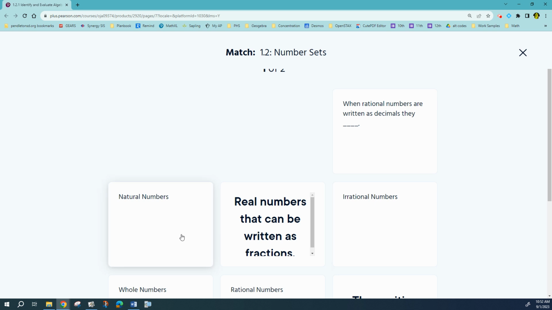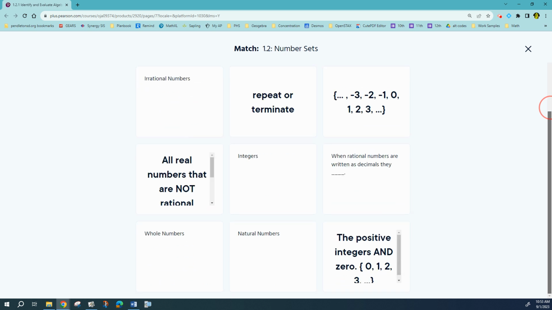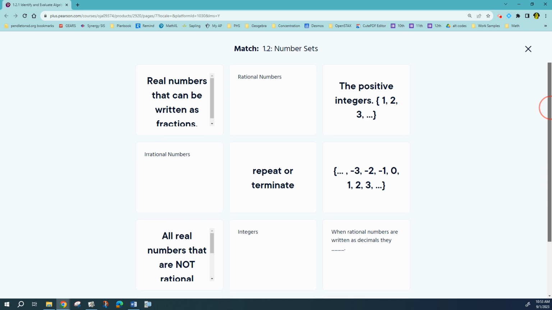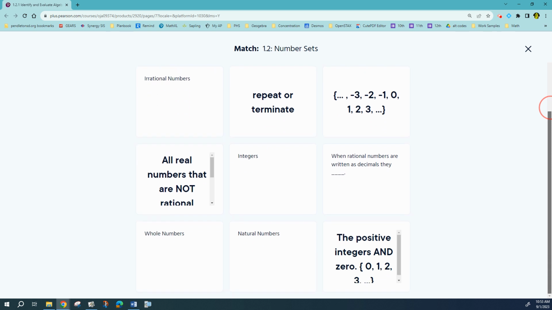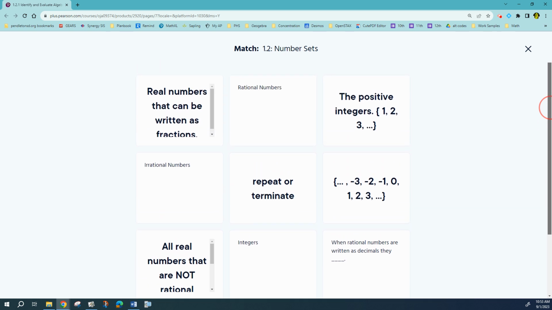What about natural numbers? We've got to define natural. Okay, let me make this a little smaller. There we go. Set of natural numbers. Is that what I had? Oh, it scrambled them. Yeah, it did. Okay, what's the set of natural numbers there? Positive.